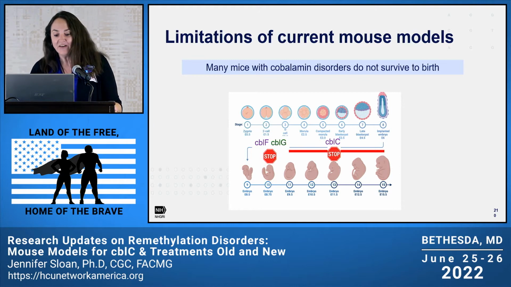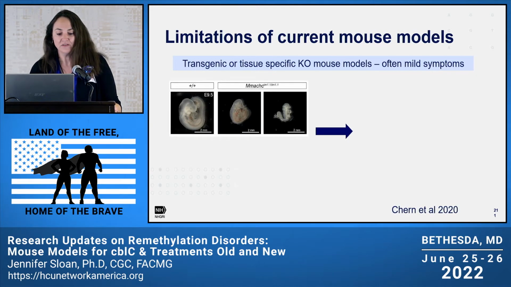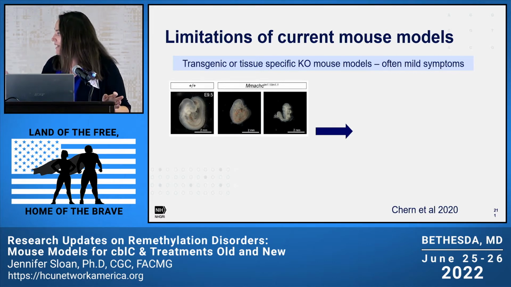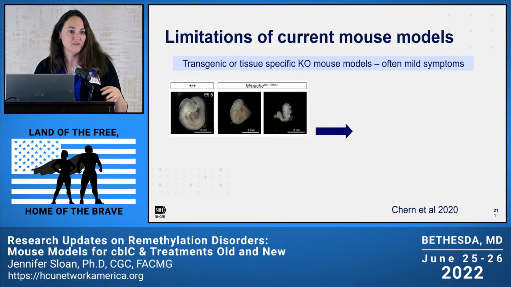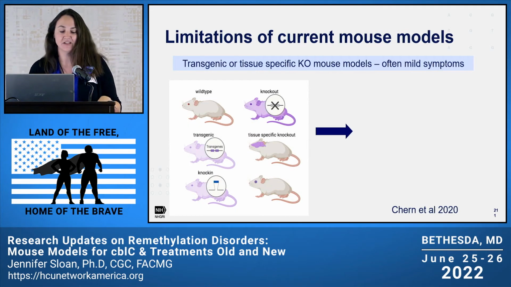And then when we do have mouse models that are viable, here's an example. On the left is a mouse model of cobalamin C, and you can see the embryos are barely getting made. So no pups get born. So what we can do is overexpress the MMACHC gene. We can make all different flavors of mice.